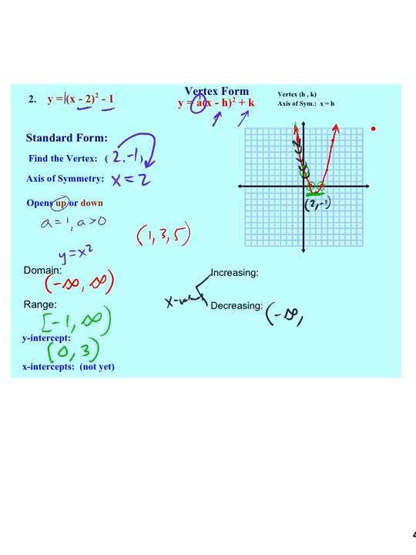So that decreases up until just before the x gets to 2. And then at this point right here, it's actually flat. It's not increasing or decreasing, so there's no bracket here. But then it starts to increase back up after 2 forever to infinity. So that would be our increasing and decreasing there.